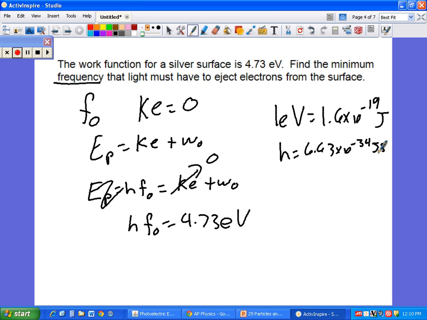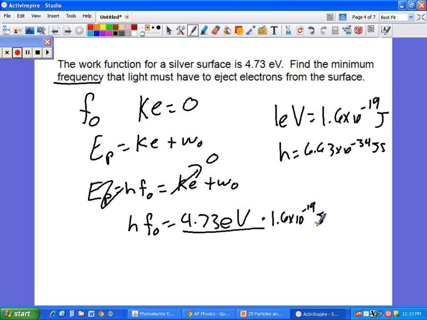Now I have lost that number. So let's go backwards and do it the other way. Instead of converting Planck's constant into electron volts, let's convert these electron volts into joules. Multiply 4.73 by 1.6 times 10 to the negative 19th joules to give yourself an energy in joules.